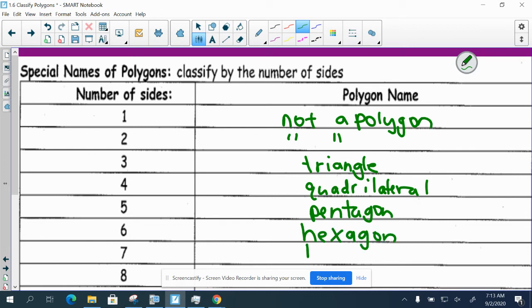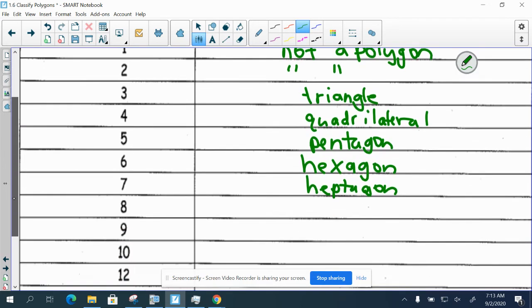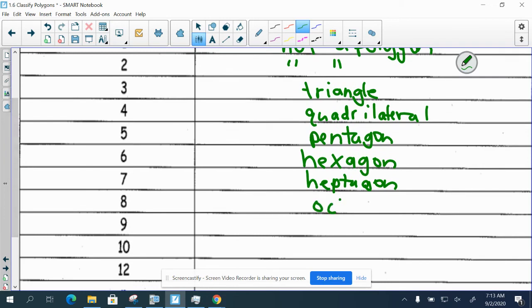Seven sides is a heptagon. Eight is an octagon. That's like your stop sign. Nine is a nonagon. Ten is a decagon. Deca means ten. How about twelve?